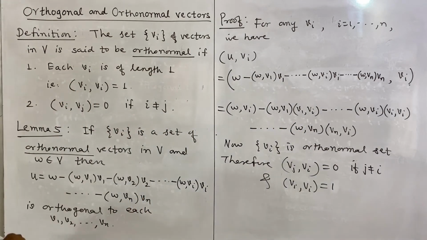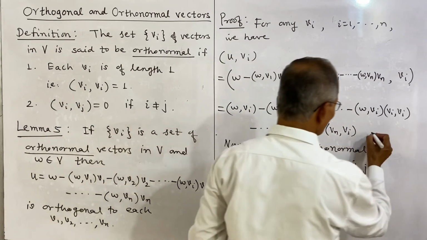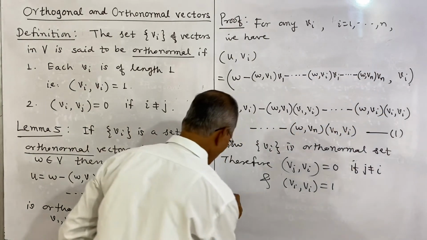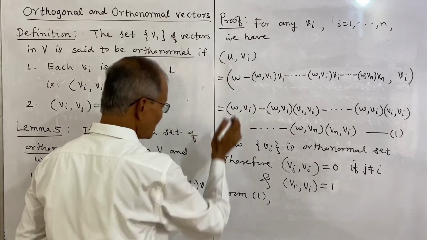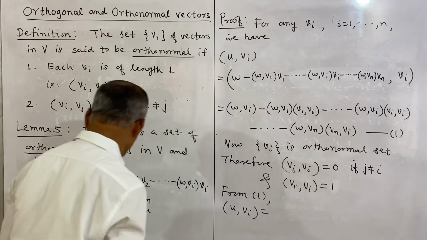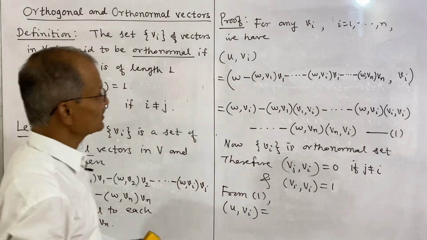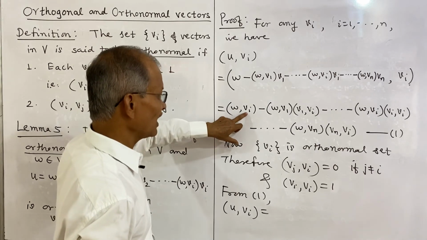second and first. Now thus what will be the expression of this? Therefore we shall suppose this as 1. Therefore from 1, what is the left side? Left side is inner product of u with vi, any vector between v1 to vn, and now see this inner product of w with vi will remain the same.